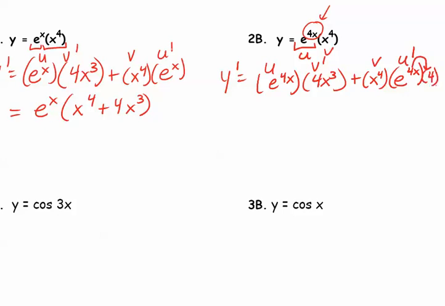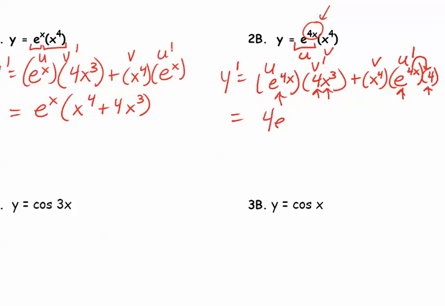So the derivative of the 4x is 4. So this now changes our GCF a little bit here. So we see that both terms have an e to the 4x, both terms have a 4, and both terms have at least an x cubed.